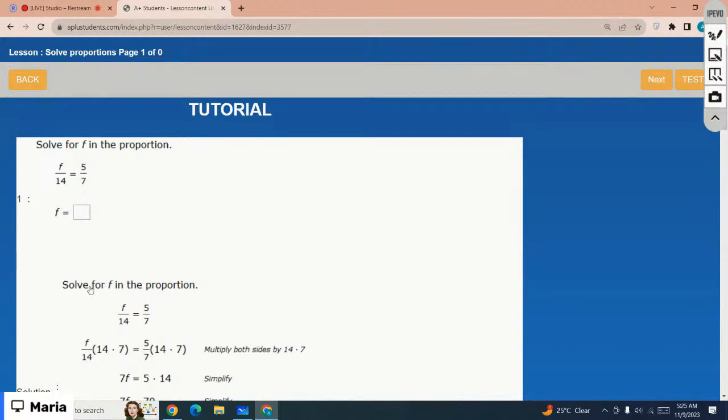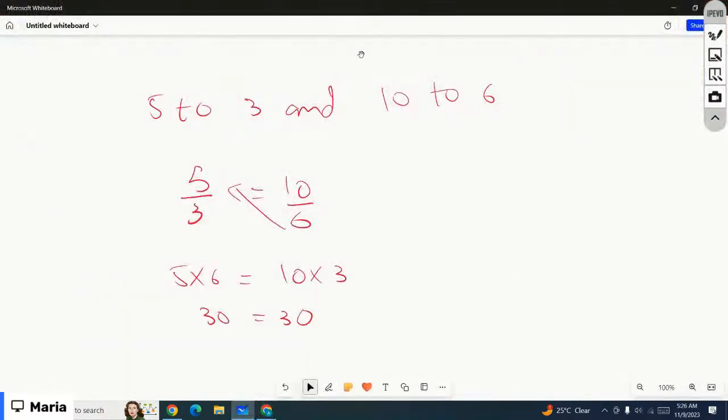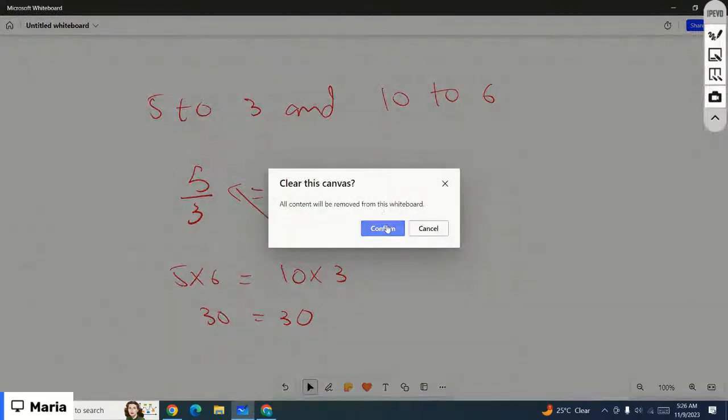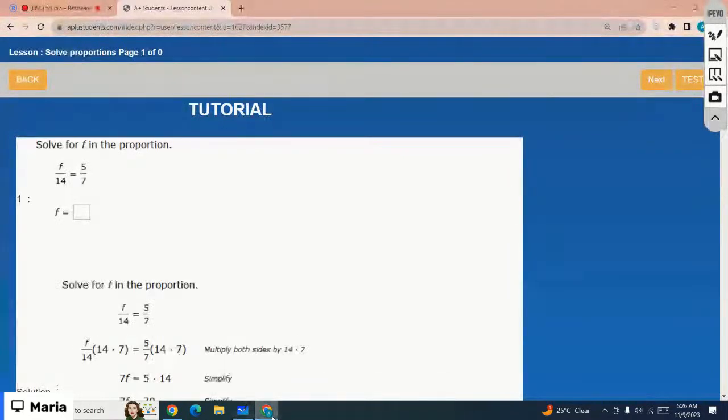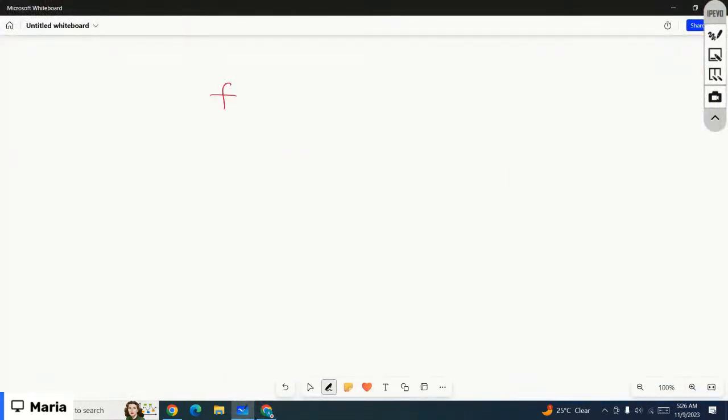So basically a proportion means two ratios are set equal to each other, right? So you have to solve the proportion for f, that is f over 14 equals 5 over 7.